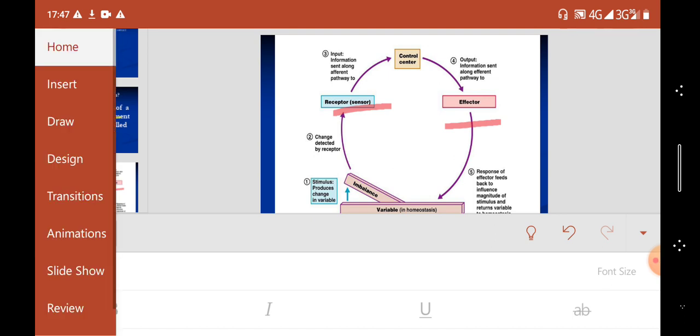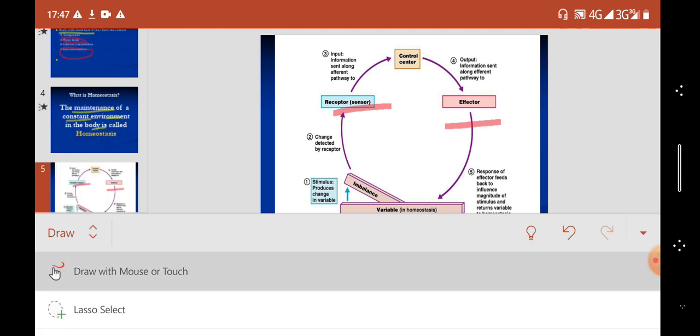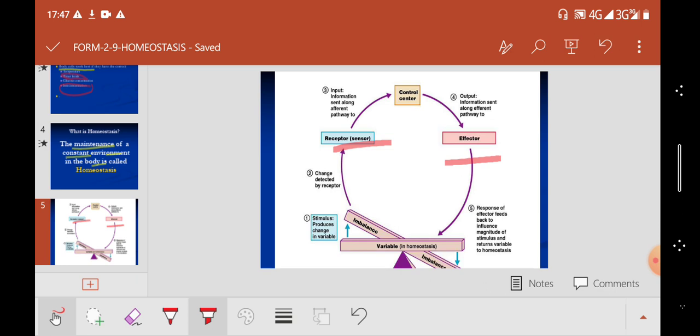For example, if temperature is affected, that is, it can either increase above 37 or it can also decrease below 37. So it brings about an imbalance of that particular factor or variable.